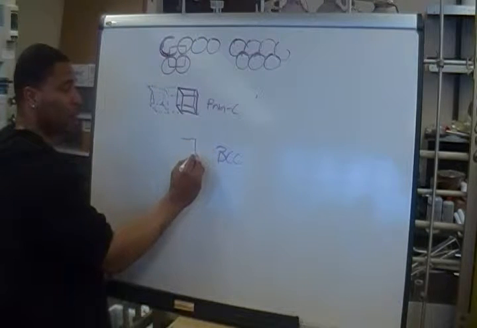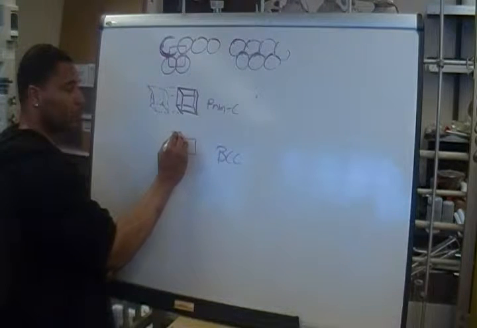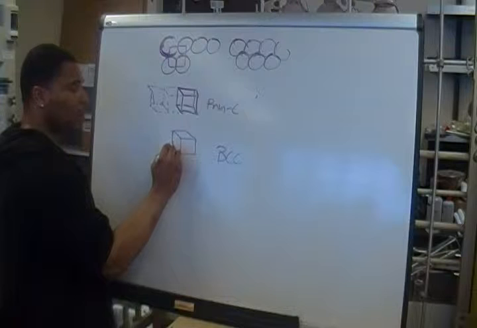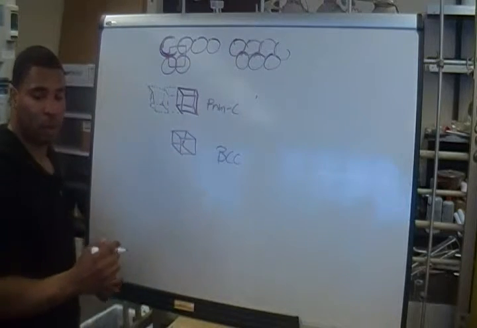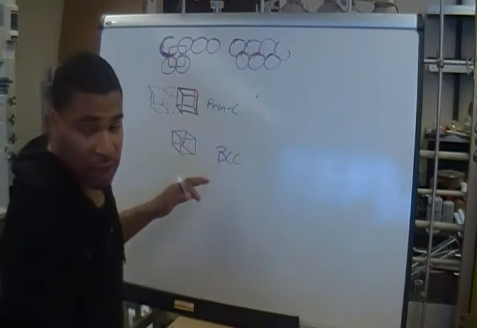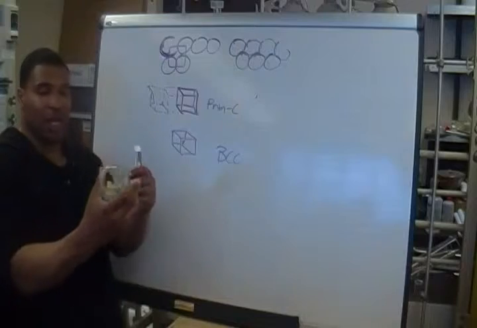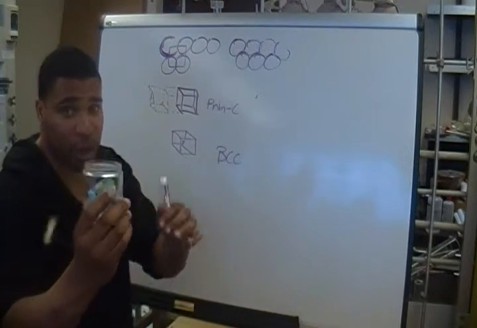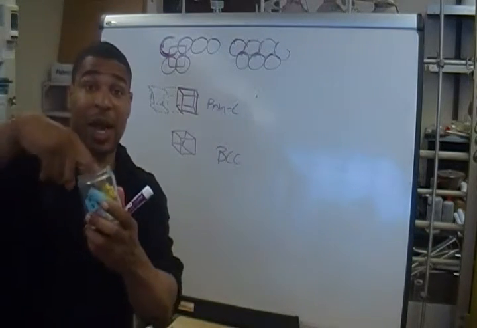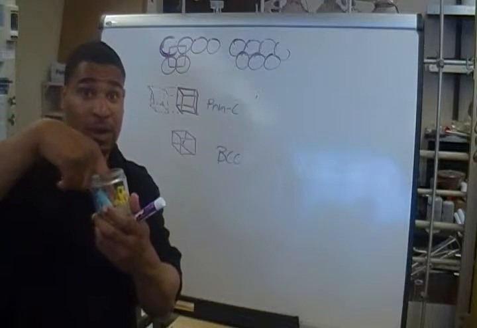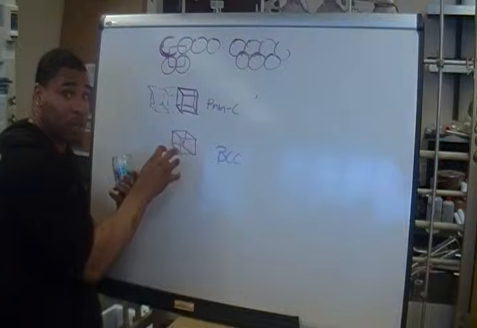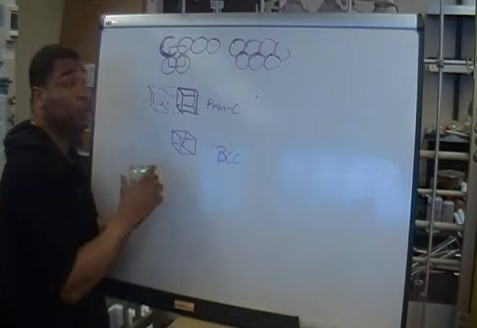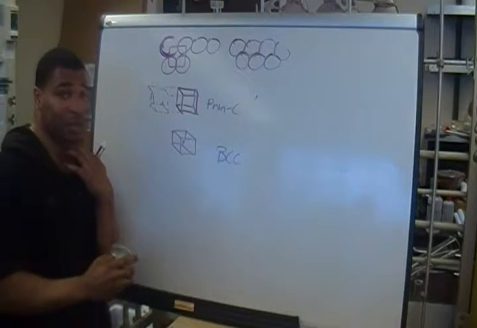That would have a cube structure, but in this structure you have a point in the center. You may not see this from the board, but here's a jar, and there are things inside the jar. I put a point here that represents a point inside the cube, at the dead center of the cube.